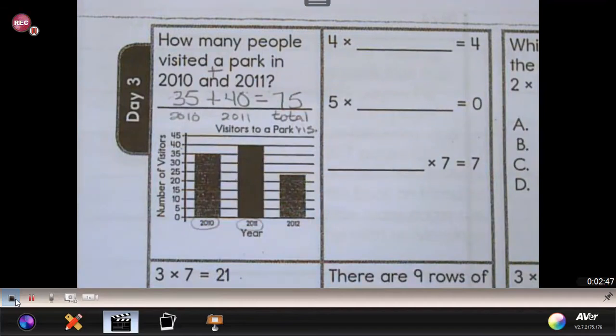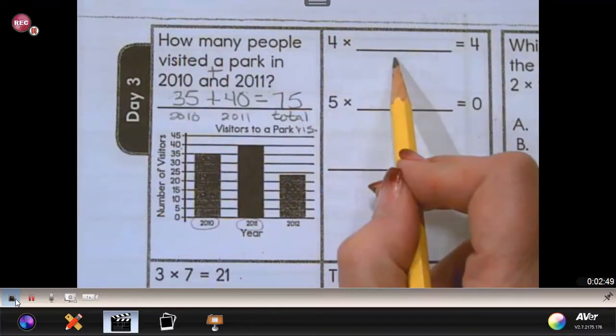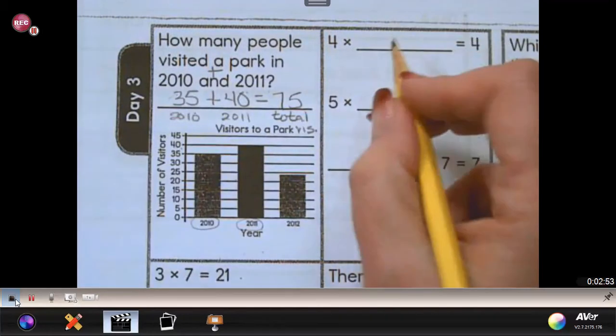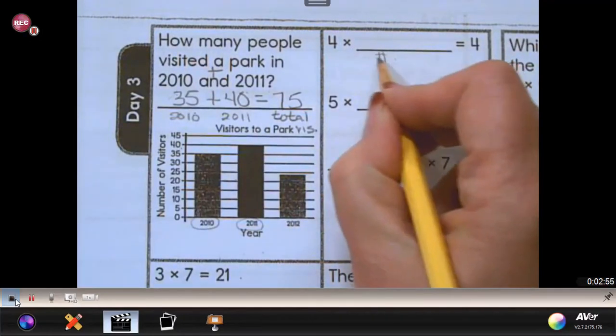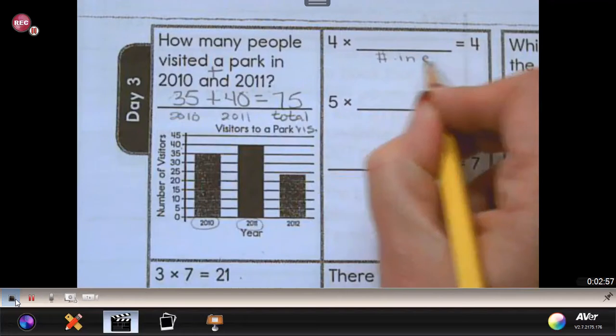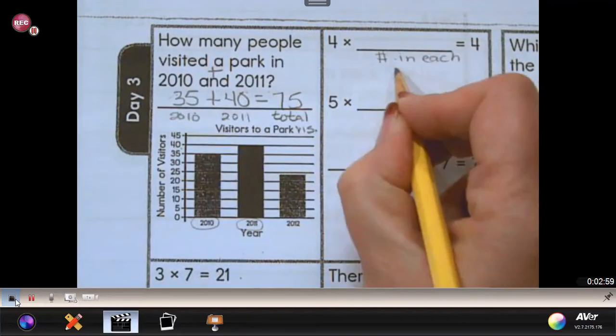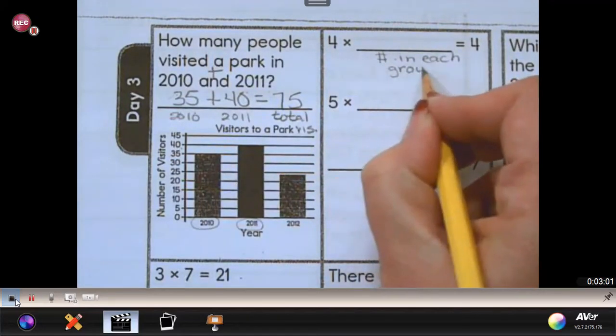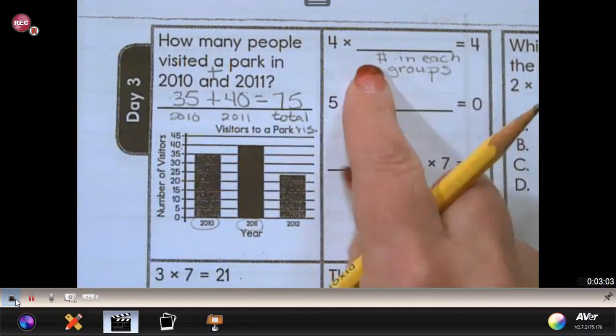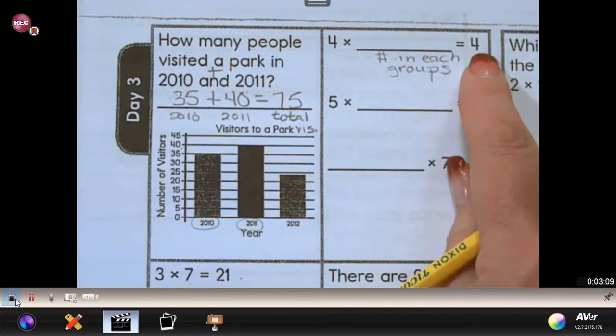Our next set of problems, we're missing a factor here. And what that tells us is we're missing the number in each group for this factor. So I have 4 groups, but I don't know how many are in each group. But I know how many total objects I have because this tells me I have 4 total objects.